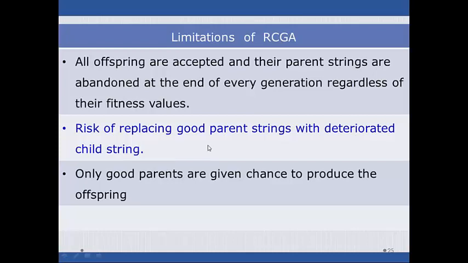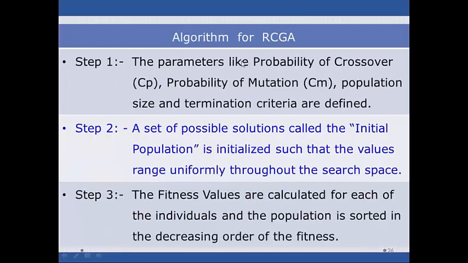There is a risk of replacing good parent strings with deteriorated child strings, and only good parents should be given the chance to produce offspring. This is again the criteria we select in the coding of the program, so this can also be overcome with proper coding or proper conditions.